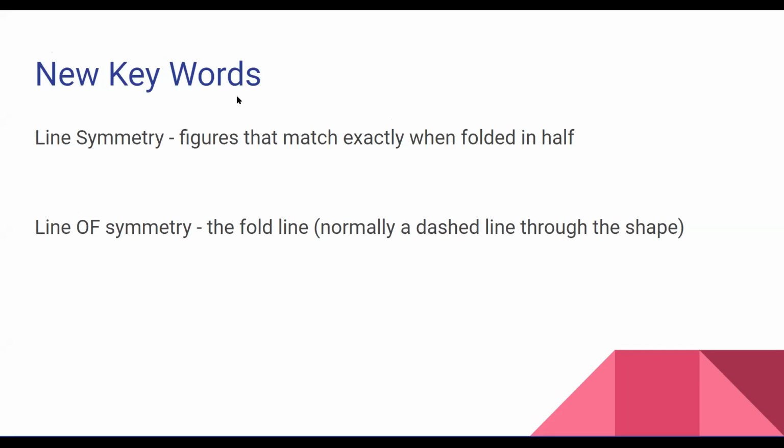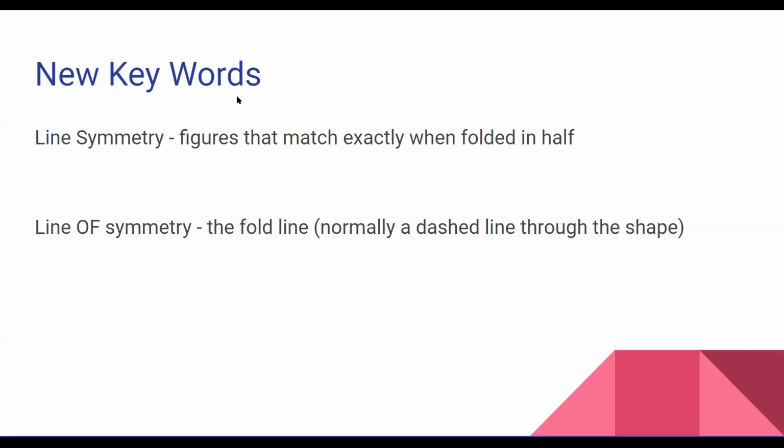If I take a circle and fold it in half, the sides should match exactly. If I take something that is a different shape, like square on one side and a circle on the other, it wouldn't have a line of symmetry if I were to fold it in half.